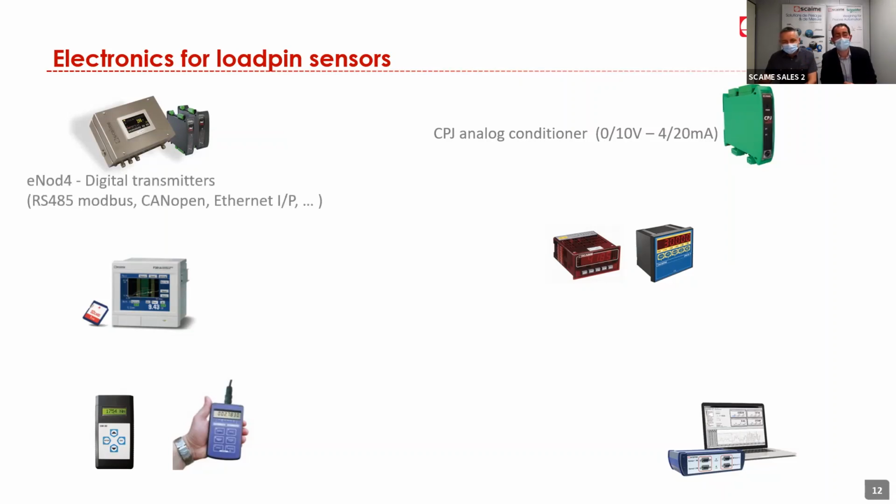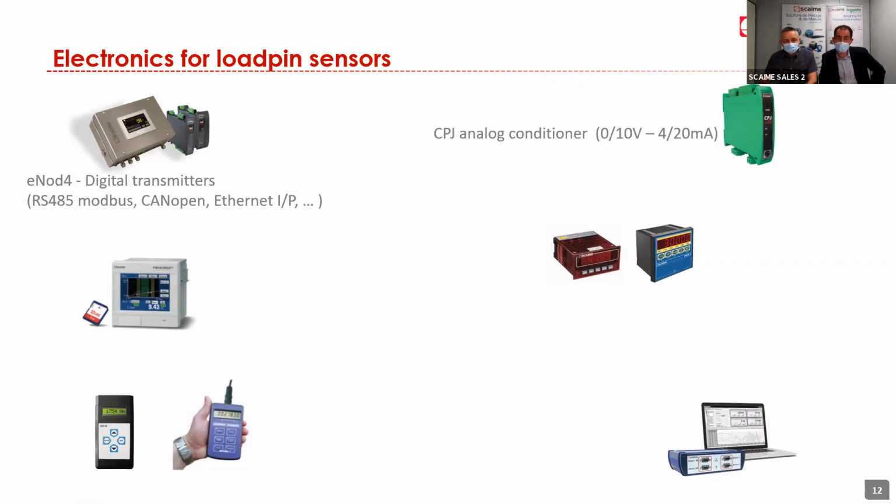A second range of electronics is our range of E04 digital transmitters, available either in a wall-mount version, as you see here, the version with the black housing, or a stainless steel box version, in which you can integrate a display touch panel in order to see the results.